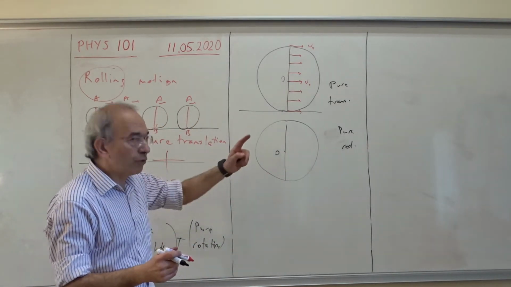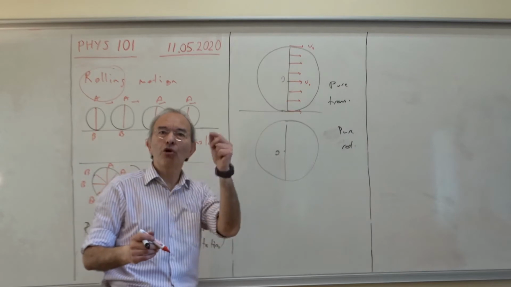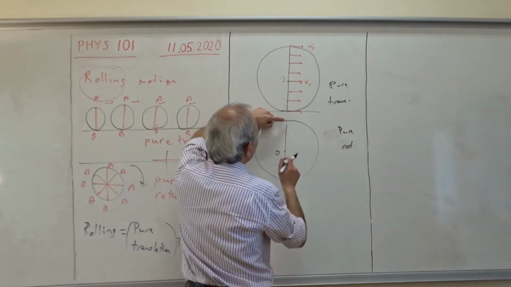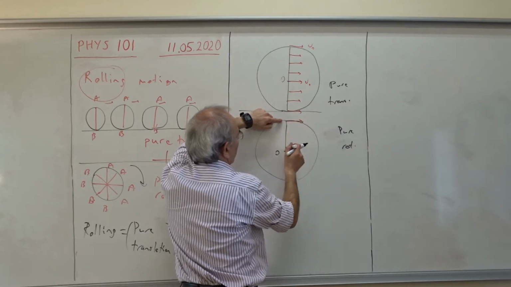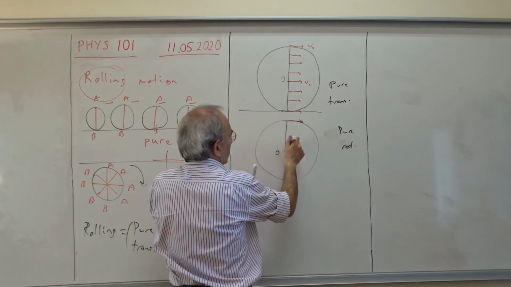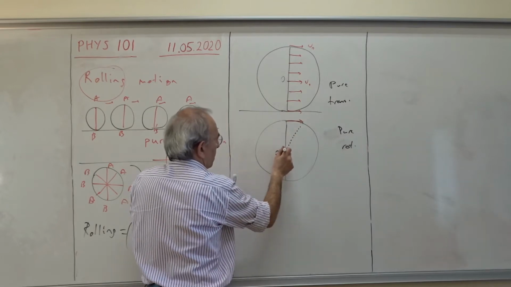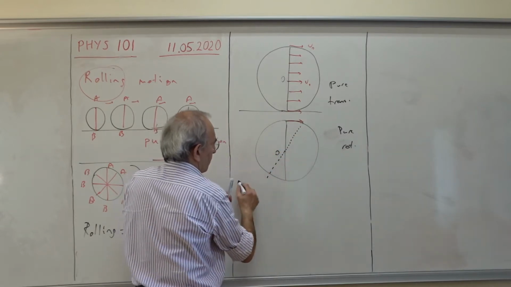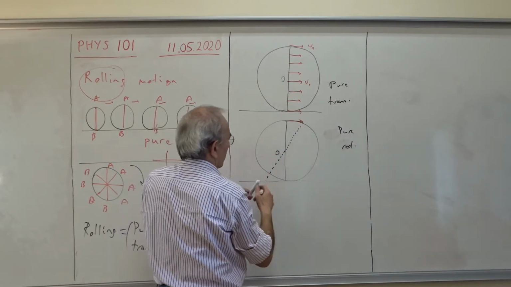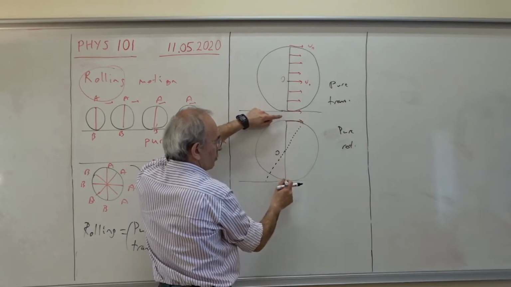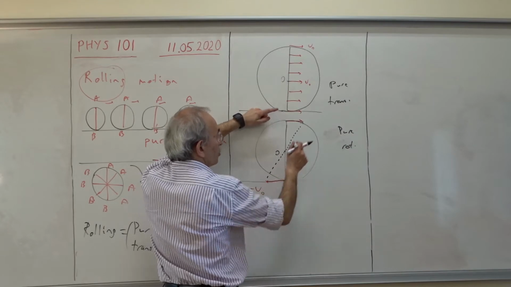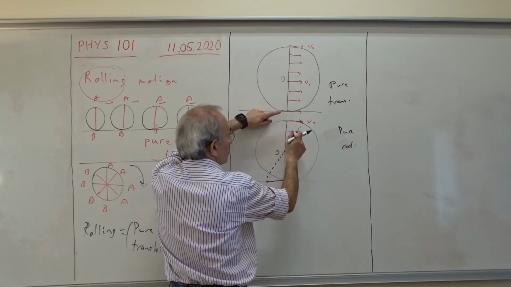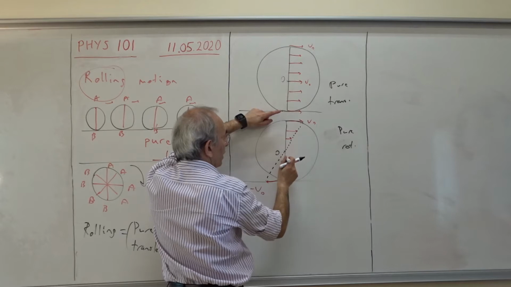But as you go upward, according to the relationship V equals omega times R, we have sort of such a triangle. So these uppermost and lowermost points have opposite speeds, minus V0, plus V0. This is something less than that, something less than that.